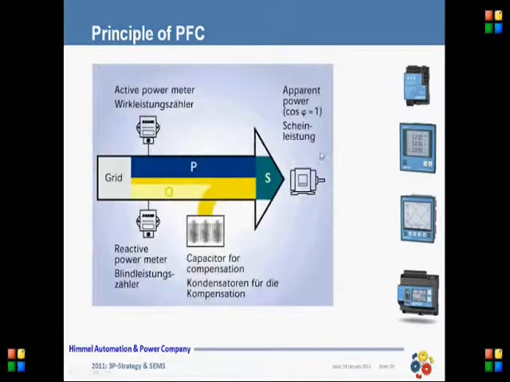So for example, this motor consumes the apparent power. It uses the real power plus the reactive power. If we don't put this reactive power supply equipment, this reactive power component will also come from the main supply, which will cause heating and losses to the transformers.